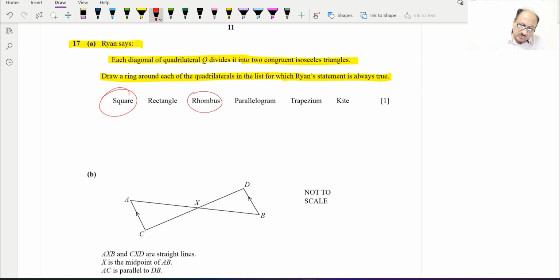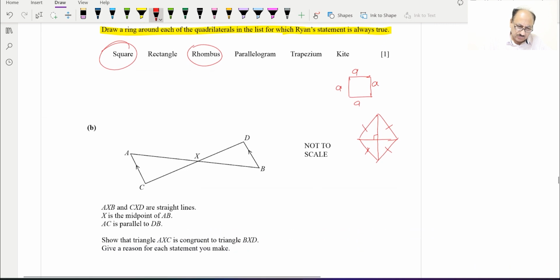A rhombus has all sides equal, and the diagonals make an angle of 90 degrees. So this is basically a rhombus.